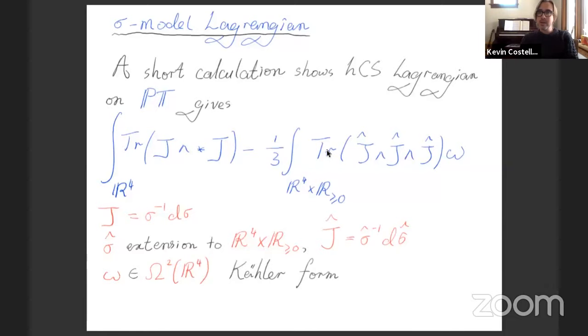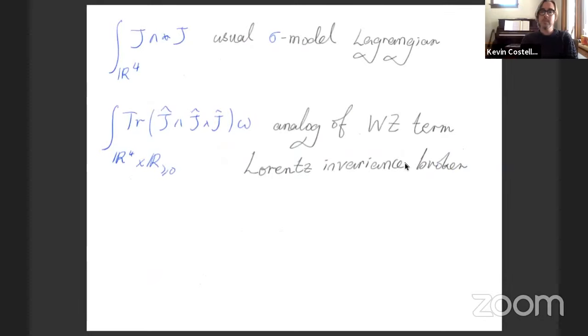This term is funny though, and I'd like to explain how to understand it. Here's the slide, which just repeats what I just said. This is some 4D analog of the Wess-Zumino term. I should point out that Lorentz invariance is broken, I mean, broken to a copy of SU(2).